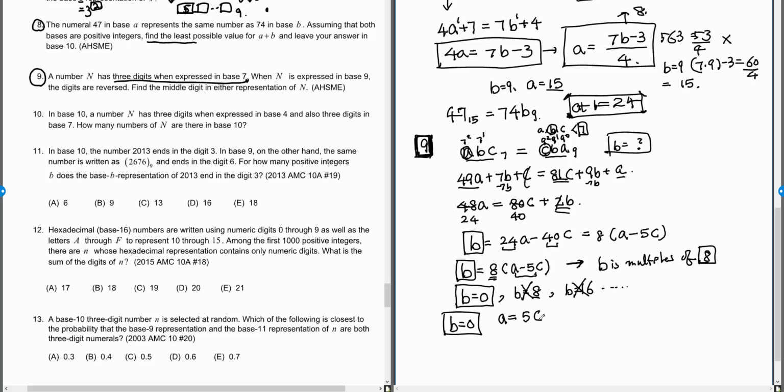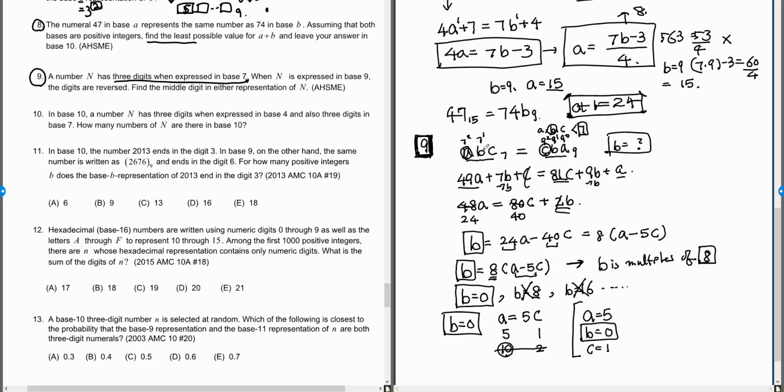So the only option is C is 3, A is 5. C is 6, A is 10, but that is more than 7, so that's not working. From here we can find all the digits: A is 5, B is 0, C is 3. But we only need to find this number, B, so B is 0.